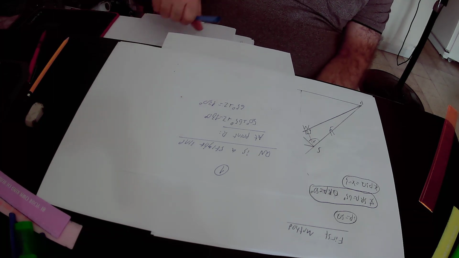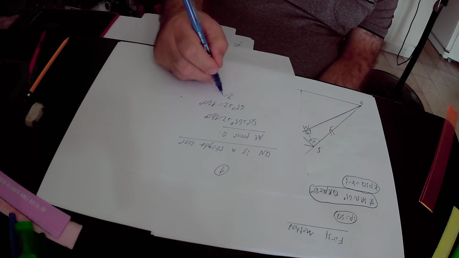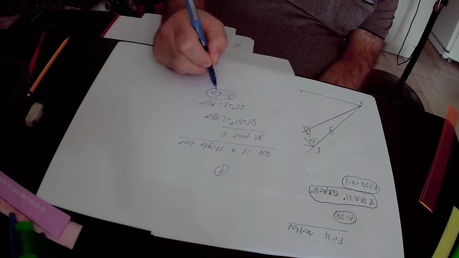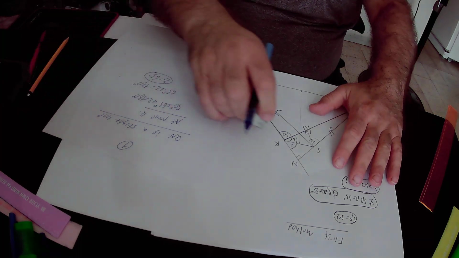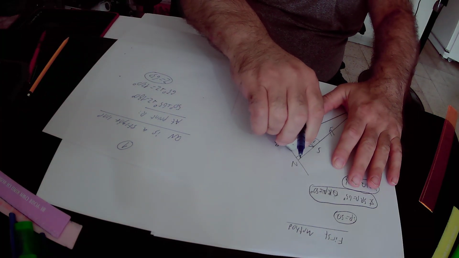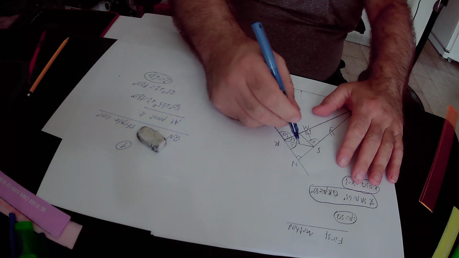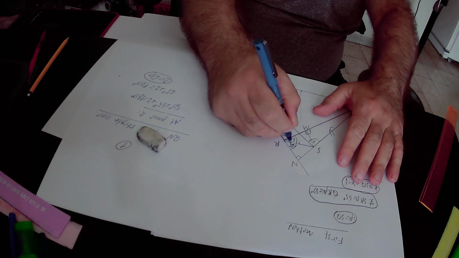Then we subtract 65 degrees and get that angle Z equals 130 degrees minus 65 degrees, which is 65 degrees. So angle SRN equals 65 degrees.